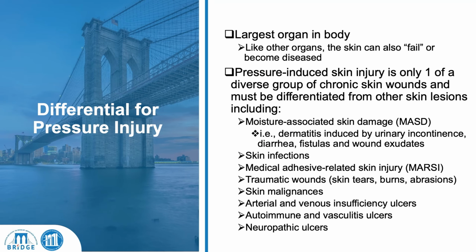Pressure-induced skin injury should be differentiated from moisture-associated skin damage. This includes skin damage that's caused by dermatitis induced by urinary incontinence, dermatitis induced by diarrhea, and dermatitis induced by fistulas and or wound exudates. It should also be differentiated from skin changes related to underlying skin infections, medical adhesive-related skin injury, and traumatic wounds such as skin tears, burns, and abrasions.